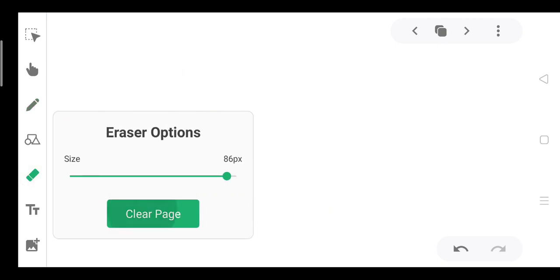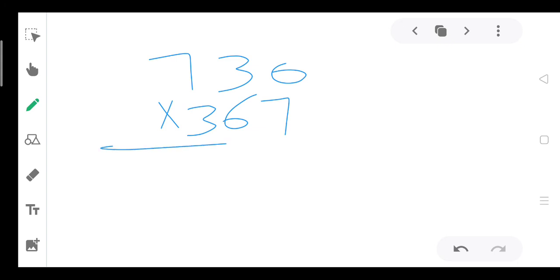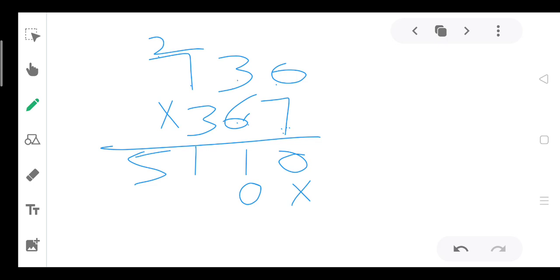This we can do on a blank page here. 730 you have to multiply by 367. Same steps you will follow. 7 zeros are 0, 7 threes are 21, 2 goes here, 7 sevens are 49 and 2, 51. Ones place 0, now multiplying by 6, 6 zeros are 0, 6 threes are 18, 1 goes as new carry, 6 sevens are 42 and 1, 43.